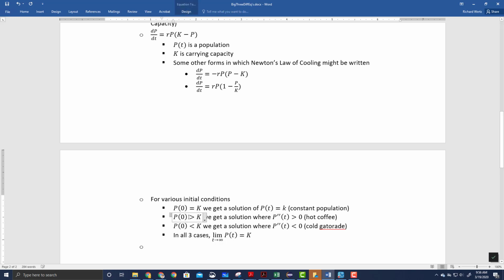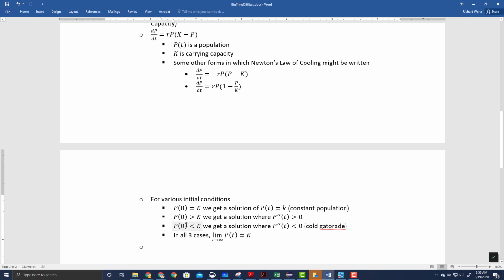If we have a case where our initial population is greater than the carrying capacity, then we still get a concave up solution.